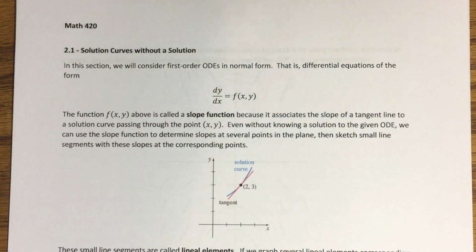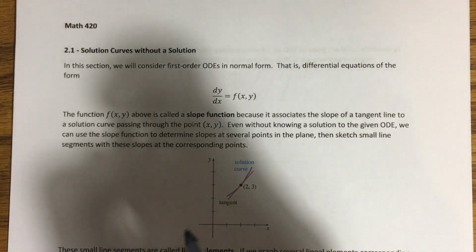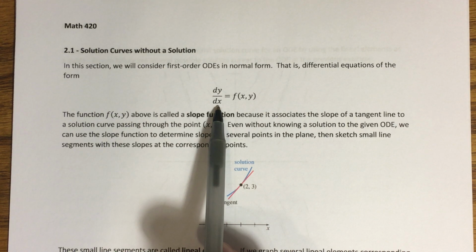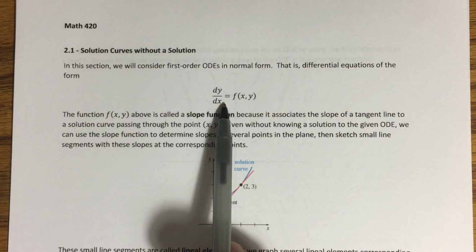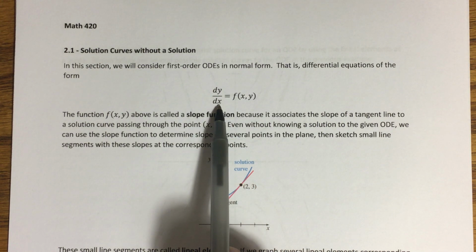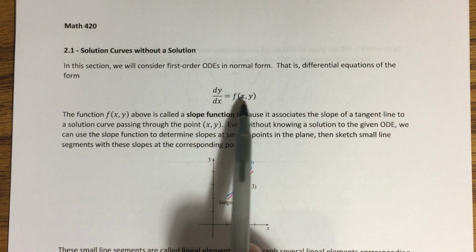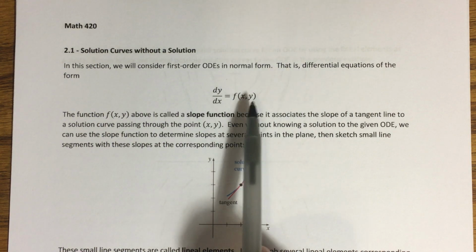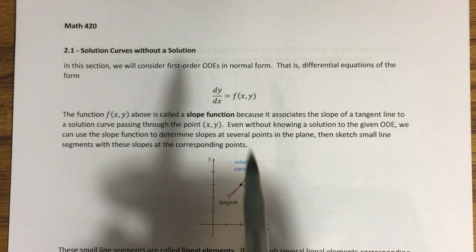So again, we're focusing on first order ODEs in this section. And what I want to start with is this. This is what a general first order DE in normal form would look like. dy/dx equals some function of your independent variable x and your dependent variable y.